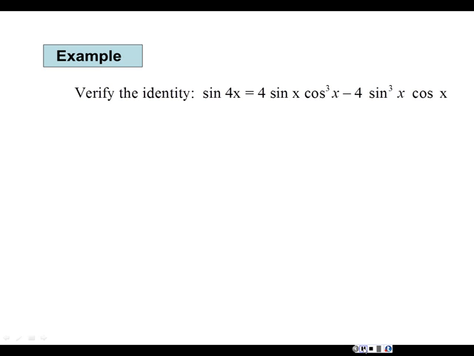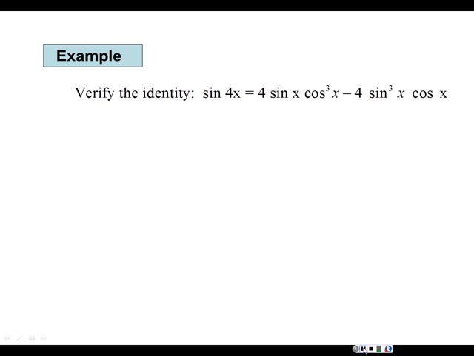Remember, sine 2x itself has a formula, which is 2 sine x times cos x, and cos 2x itself has a formula. So let me write those formulas for sine 2x and cos 2x.